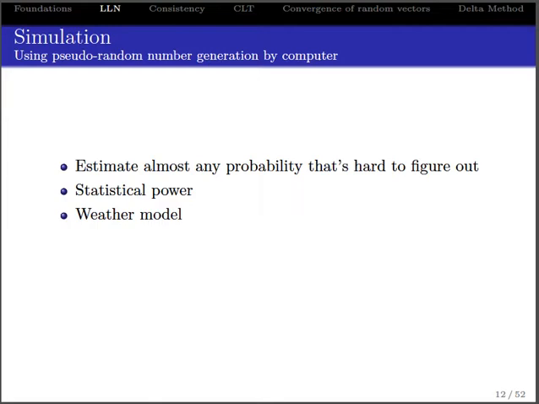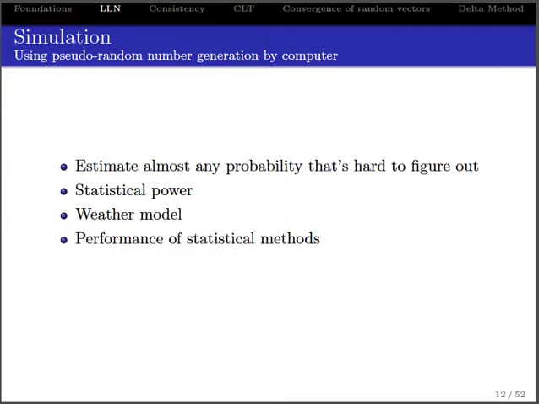You have a model with a large number of parameters based on physics, and with random components, who knows, maybe even Brownian motion, and you run the model over and over and over again, which is why they use supercomputers, and get the relative frequency of rain or a hurricane and give it a probability, an estimated probability.